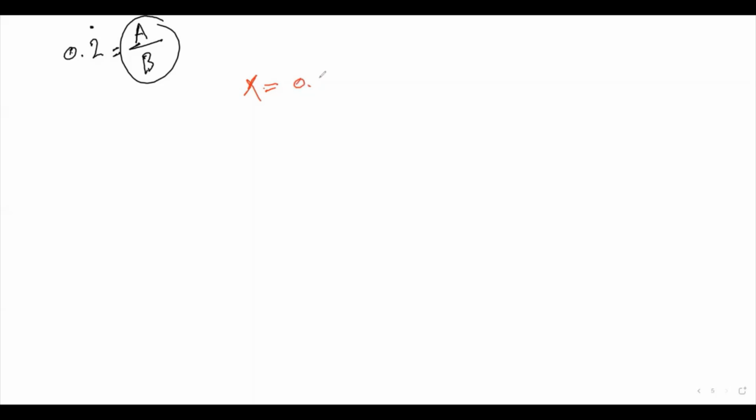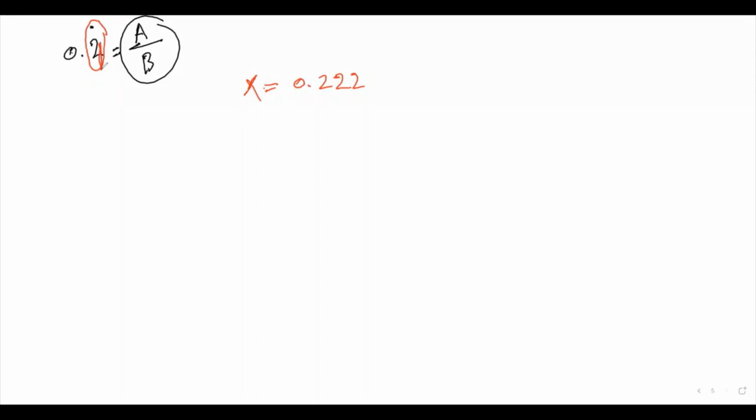So 0.2 recurring, and perhaps I just show it in these formats first, because now I'm going to multiply it. So in the second row, you have to multiply both sides by a multiple of 10. But is it 10? Is it 100? Is it 1000? Well, you have to take a look at the digits that keep repeating. How many digits do we have that keep repeating? We have only one digit.